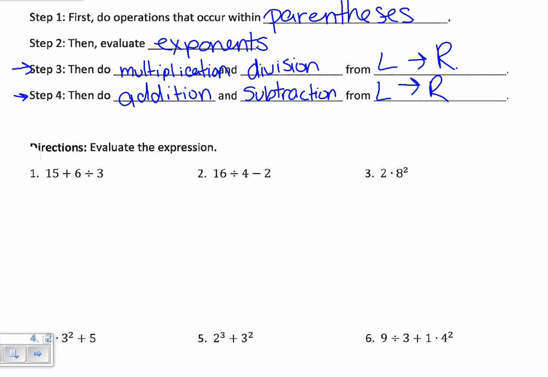Alright, first one. So, remember our order of operations. Please excuse my dear Aunt Sally. Remembering that multiplication and division happen together and addition and subtraction happen together. So when I look at number 1, I don't have any parentheses, I don't have any exponents. So I'm going to skip right to multiplication and division. I do see division. I have 6 divided by 3.